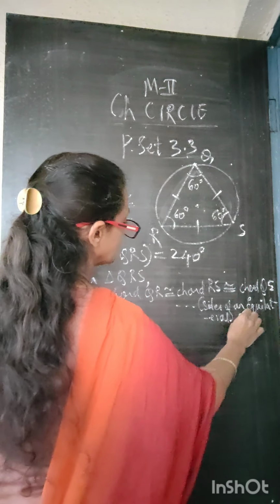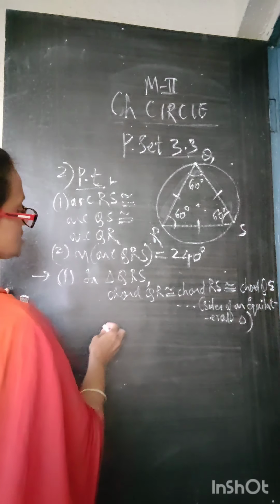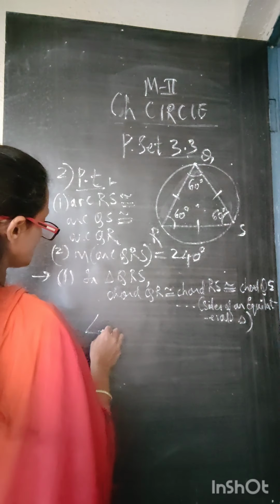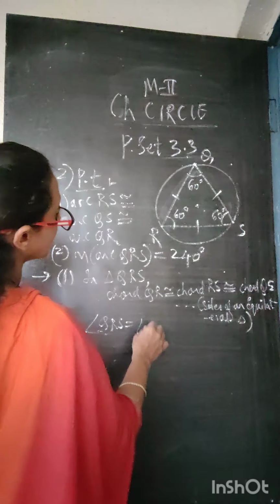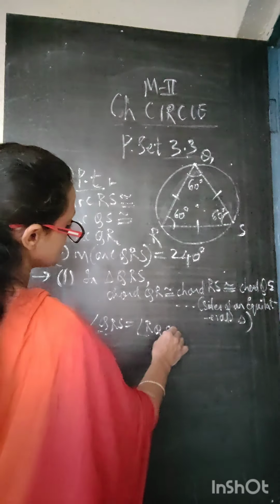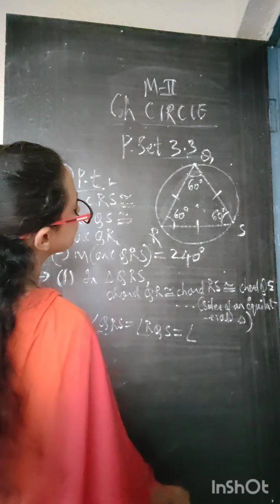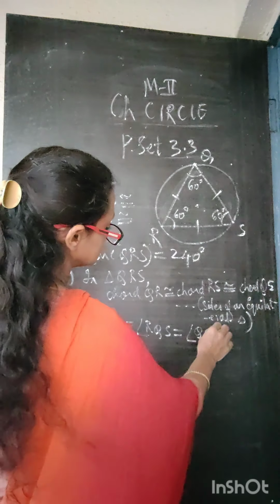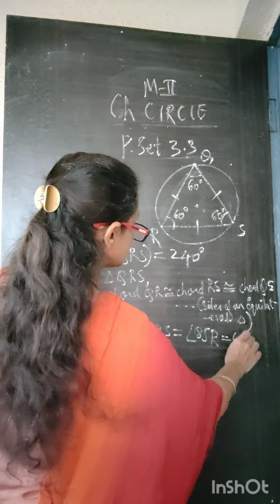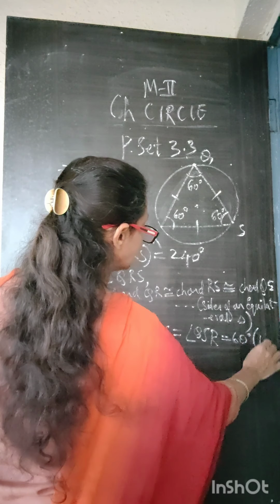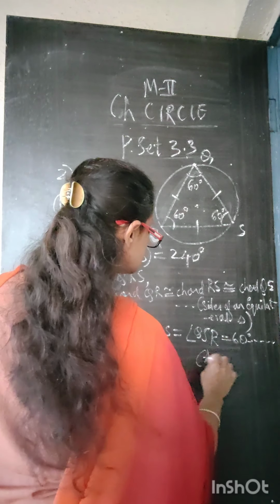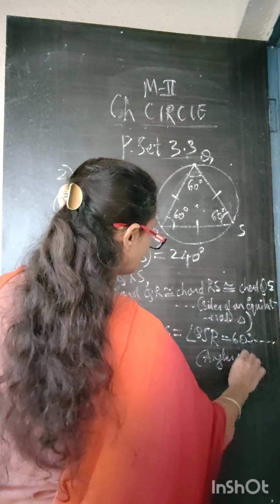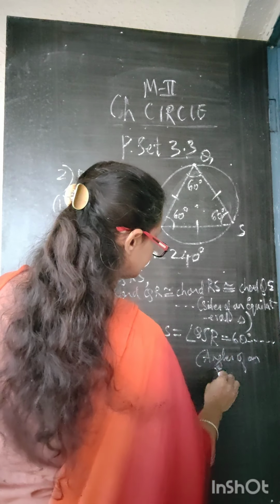And what about the angles? The angles will also be congruent. So angle QRS is equal to angle RQS is equal to angle QSR, which is equal to 60 degrees. Again, the reason is angles of an equilateral triangle.